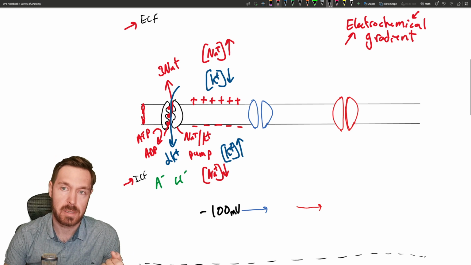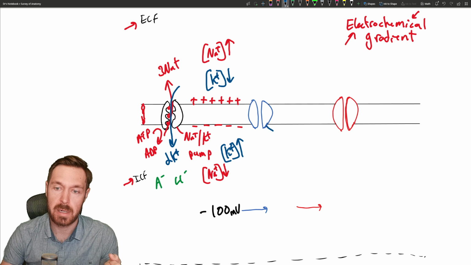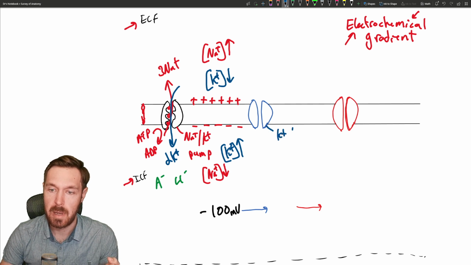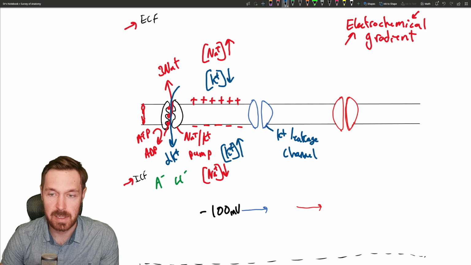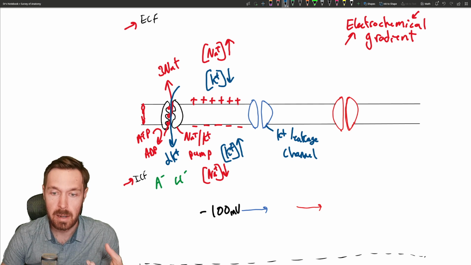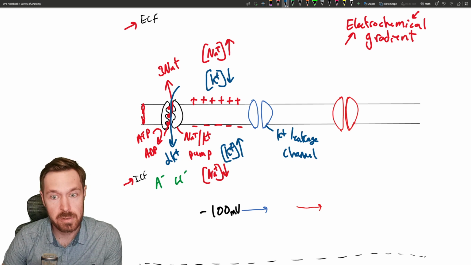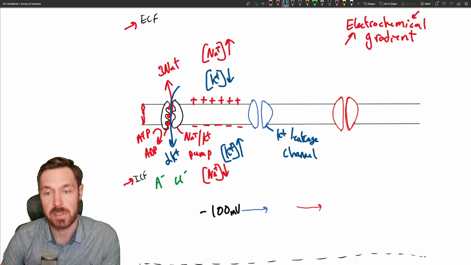But it doesn't usually get more than that, because there's a channel here called a potassium leakage channel. So this is a channel protein that's always open, and potassium can leak through it. Now, things want to move down their concentration gradients, and opposite charges attract.